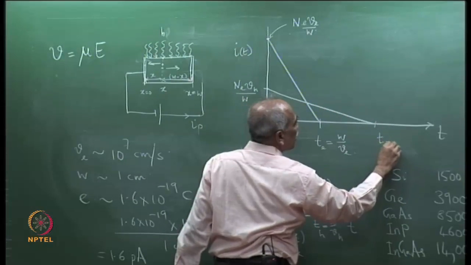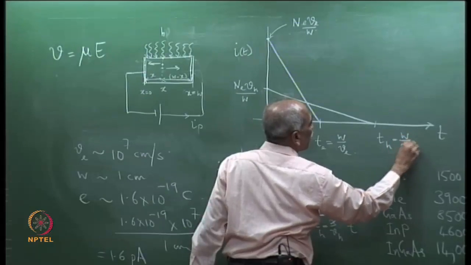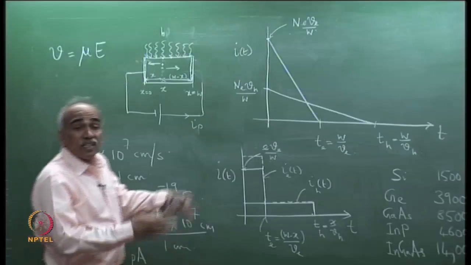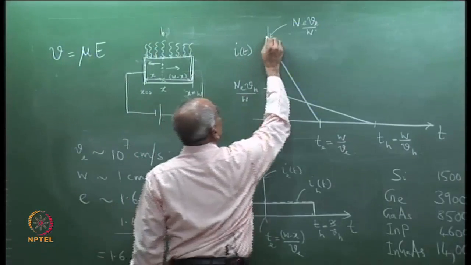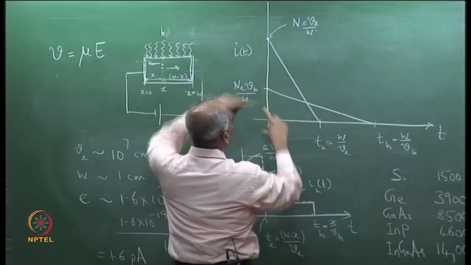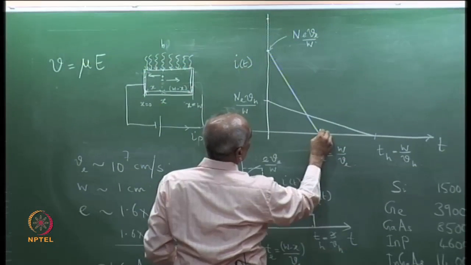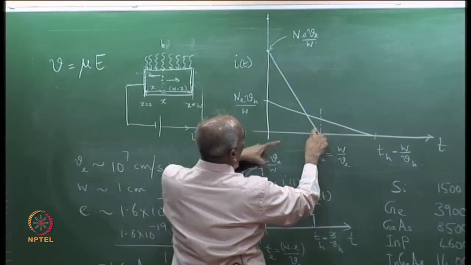So, T_h is equal to W divided by V_h. What is the net? The net current is the sum of these two. So, this plus this is here, and up to this value it will have a sum.